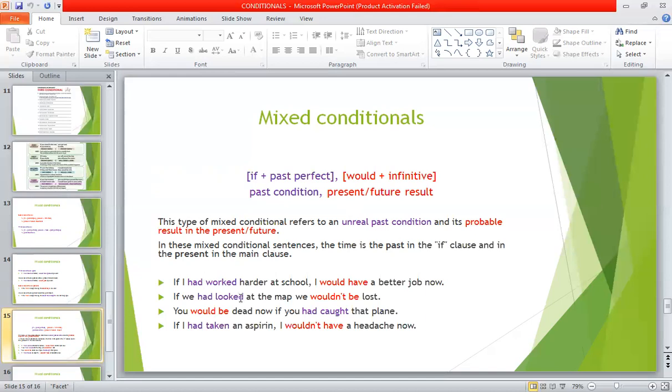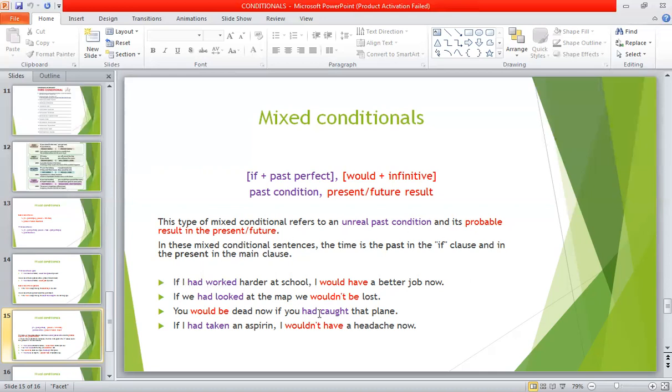For example, if I had worked harder, I would have a better job now. So here he talks about the past. He used had, the idea of past perfect, with would and the infinitive from second conditional, and this part of the third conditional, had worked, past perfect.